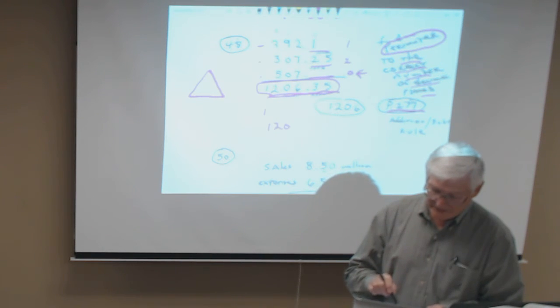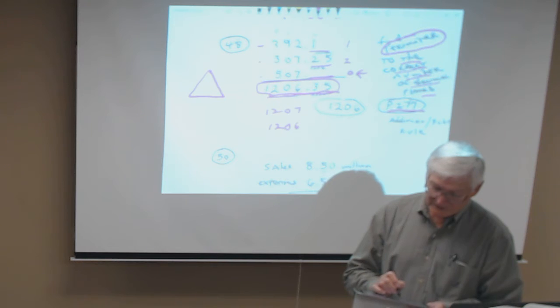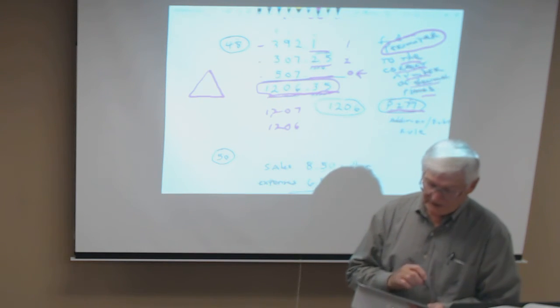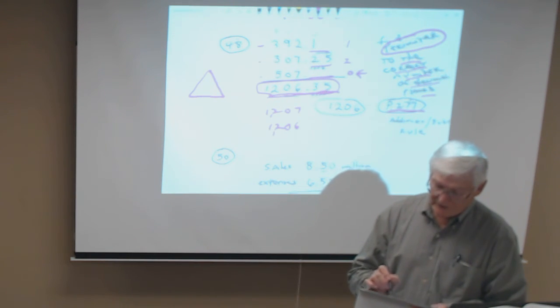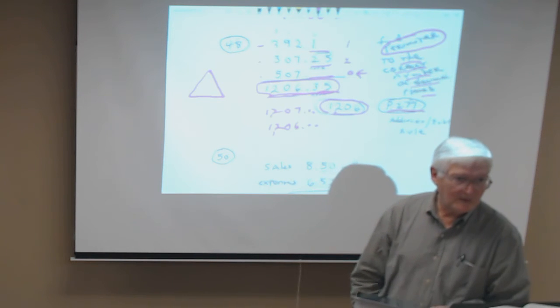Maybe I'll write them the other way around: 12.06 or 12.07. I mean 1,207 or 1,206. Now, which one is 0.35 closer to? 207 or 206? 206, so I round it to 1,206. Everybody follow that?